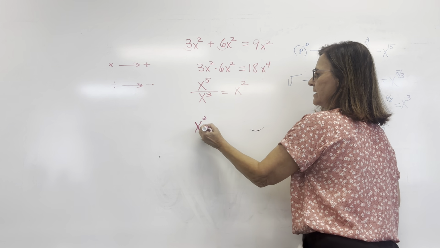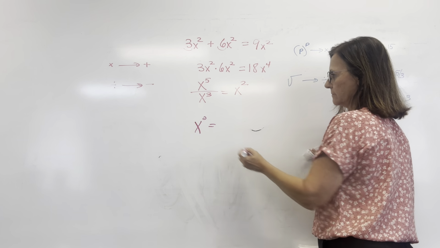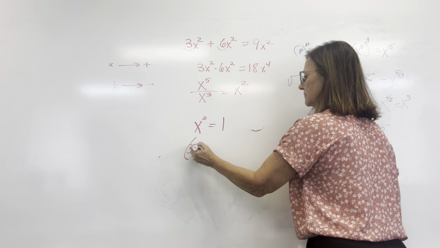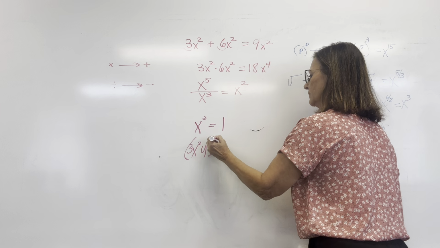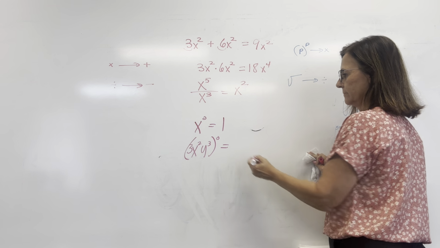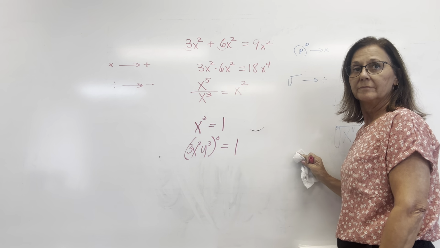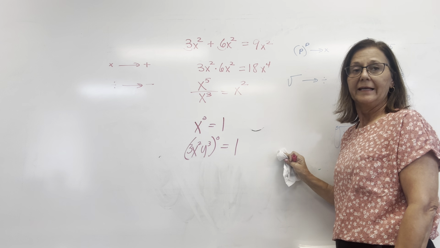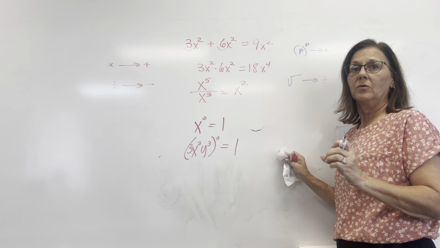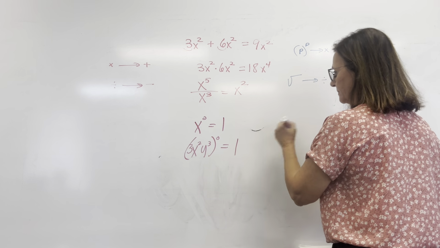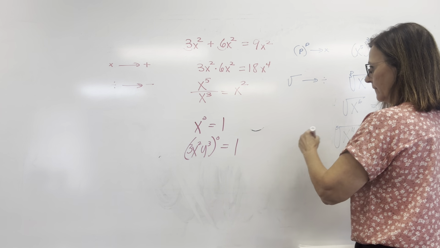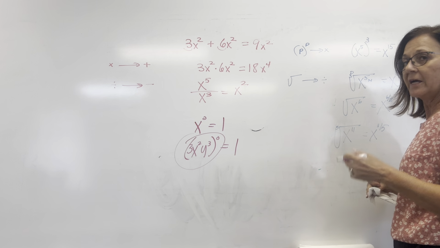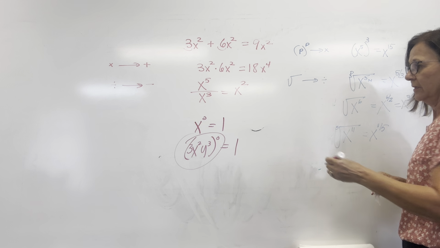What is x to the 0 power? 1. Anything to the 0 power is always equal to 1. Let me tell you why. Let's just look at this. It's because division is subtraction.